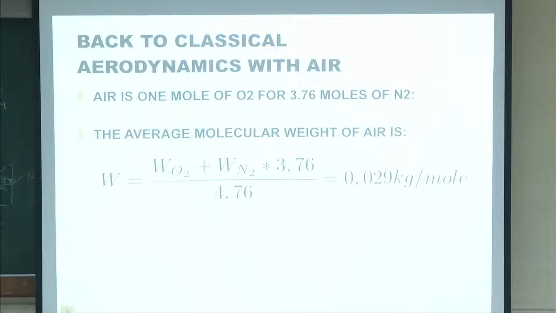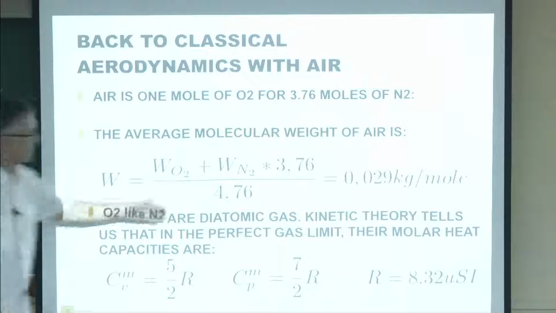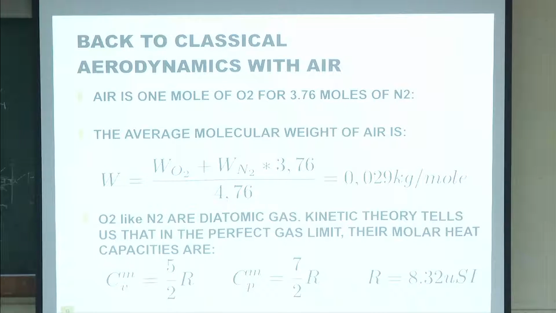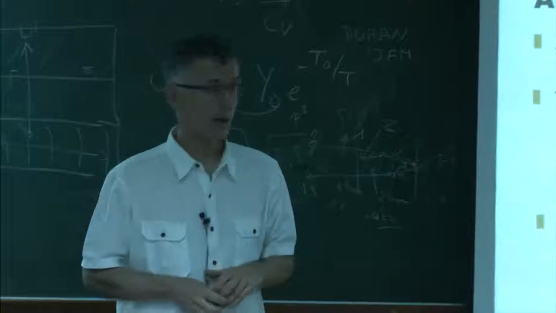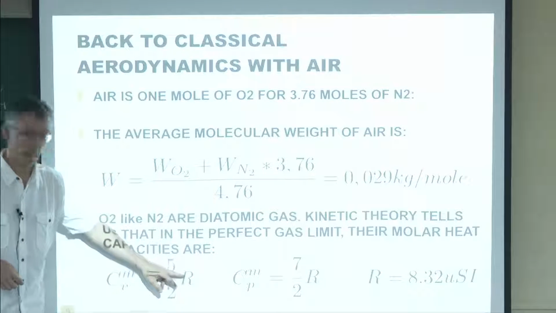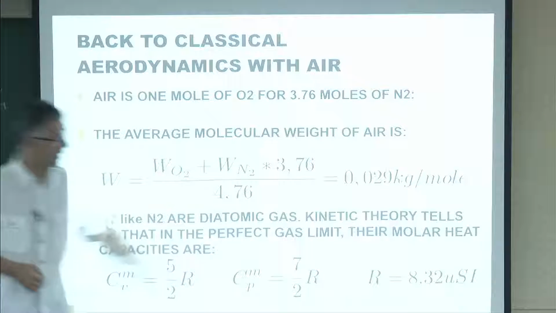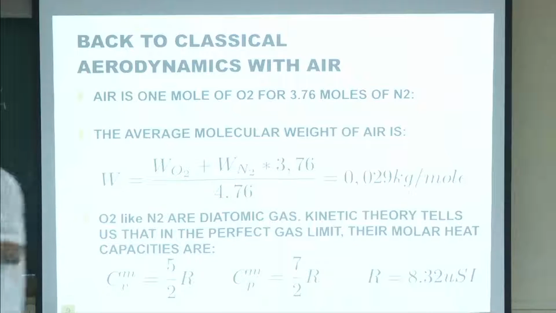And this thing doesn't change. Since O2, like N2, are diatomic gases, you know from kinetic theory that in the perfect gas limit, the molar heat is given here. CV molar is 5 divided by 2 multiplied by R, and CP is 7 divided by 2 multiplied by R, and R is 8.32, and these quantities don't change.